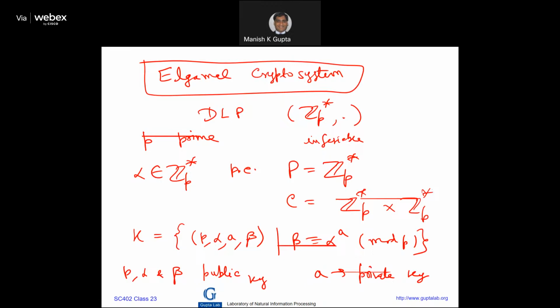So I need to define the encryption rule and decryption rule. I told you about the key: it's a 4-tuple, where p, alpha, and beta are the public key, and a is the private key.